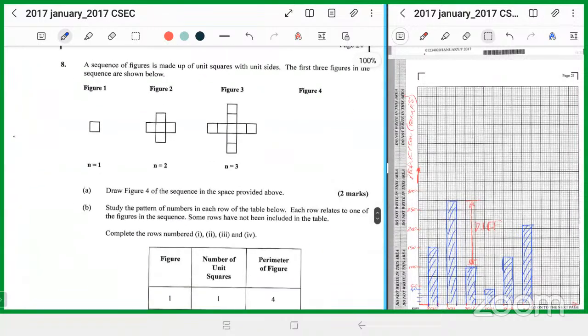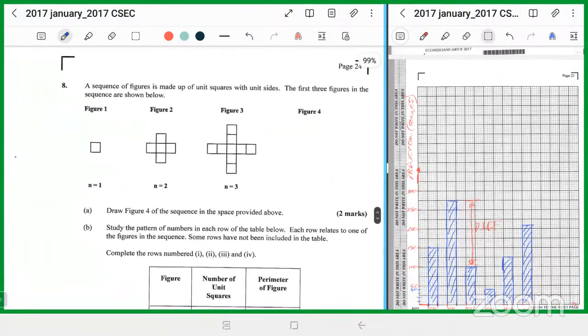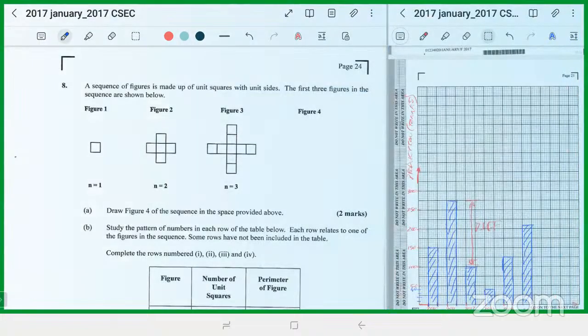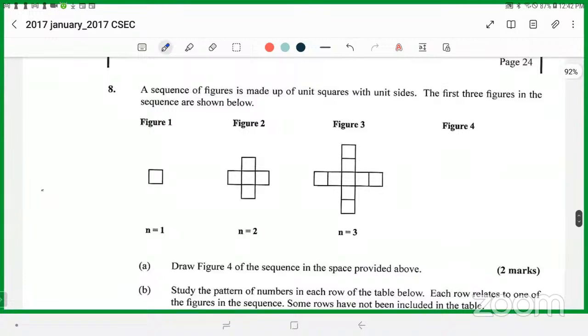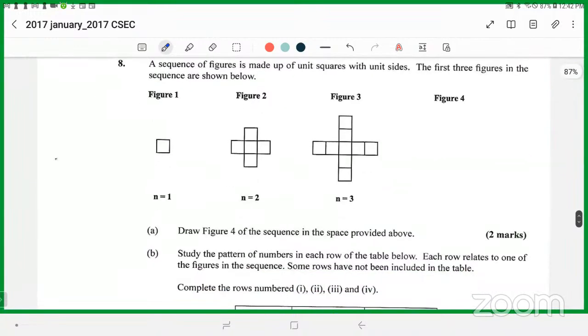Number 8, pattern question. So makeup time question. It says a sequence of figures is made up of squares of unit side. The first 3 figures in the sequence are shown below. The first part wants us to draw the fourth one. To draw the fourth one, we just need to add a square on each side of this figure: one up here, one over here, one over here, and one down here. And we'd have our fourth figure.